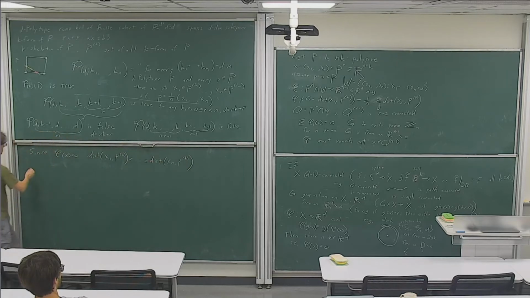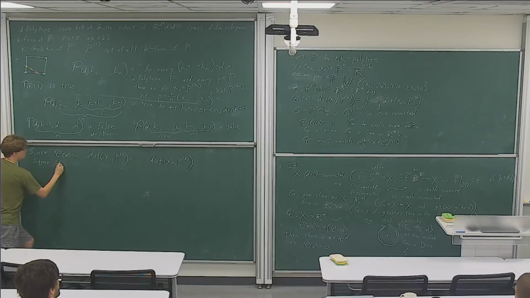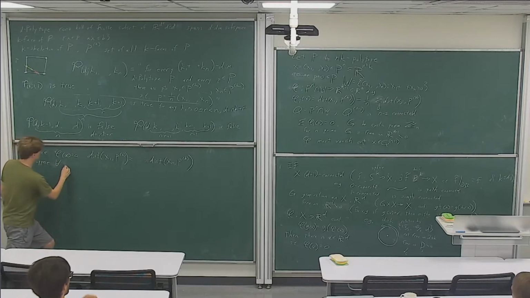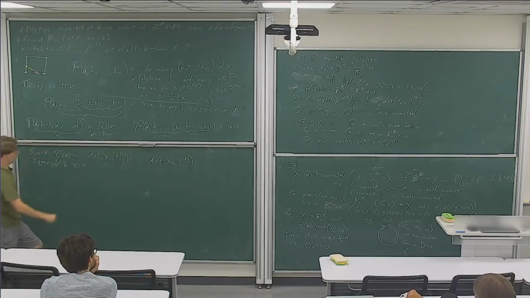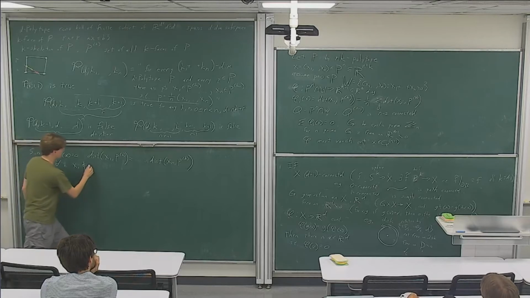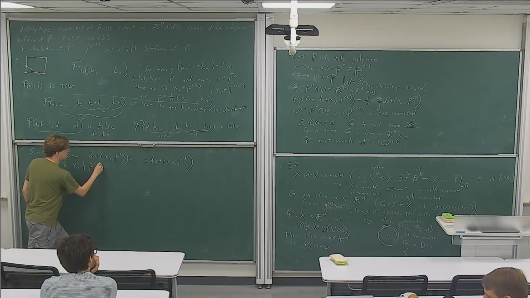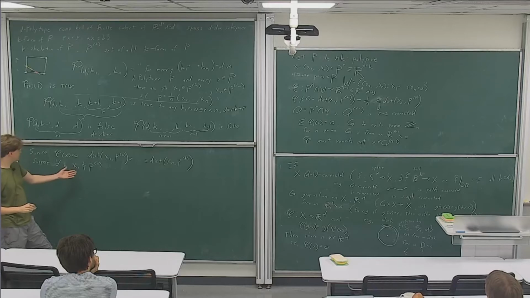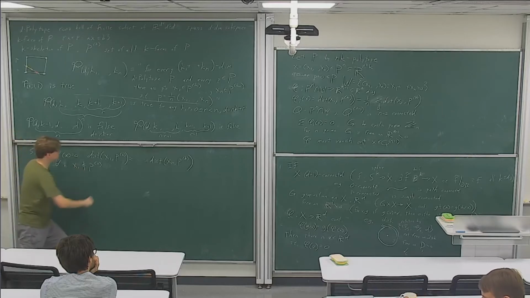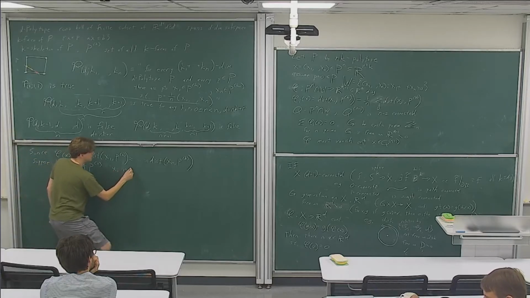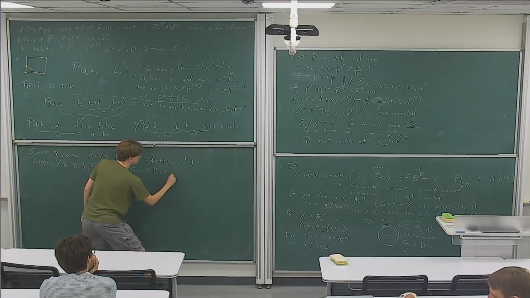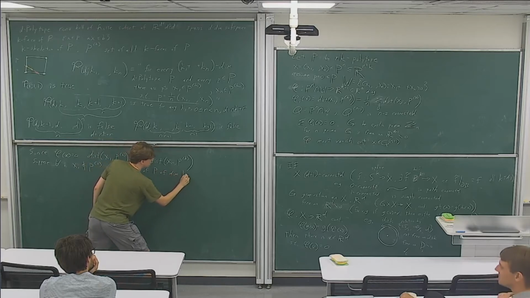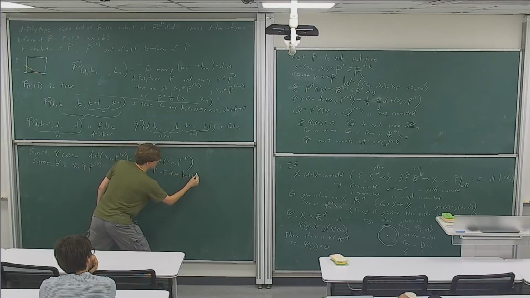suppose that for every i, xi is not in the K skeleton. So this means that each xi is in some face of P of dimension K plus 1 or more.